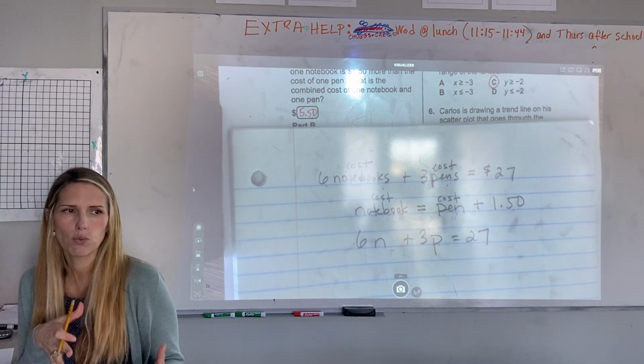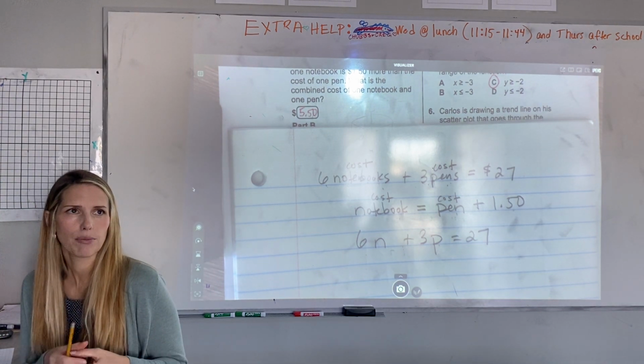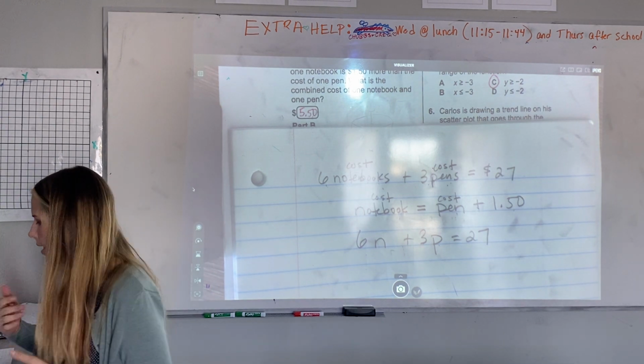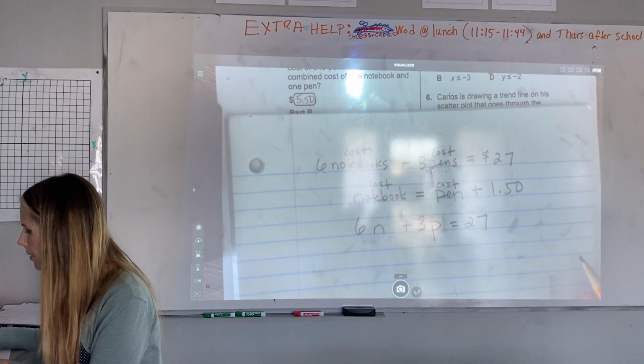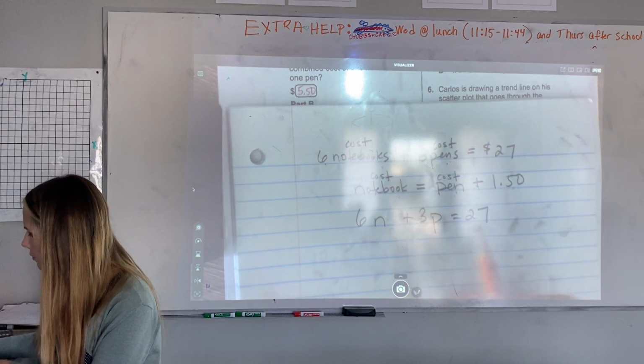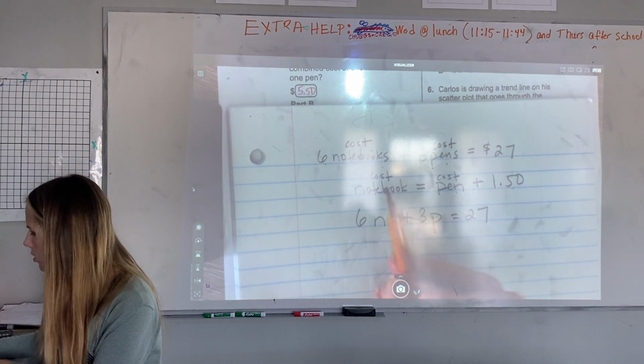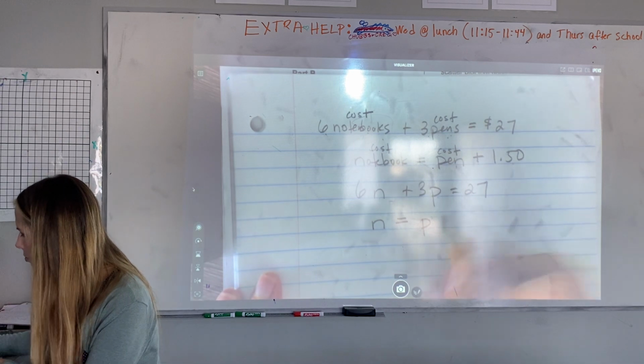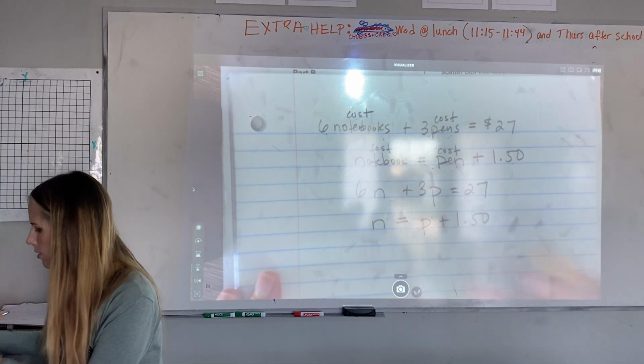It depends on which information in the problem is the one that we don't know. In this case, we don't know the cost. So this is my first equation, and my second one is the cost of a notebook, N, equals the cost of a pen, P, plus 1.50.